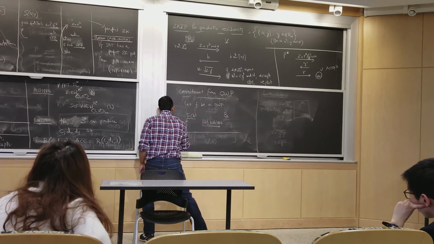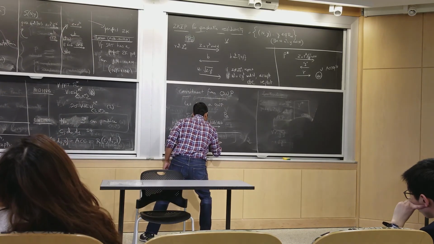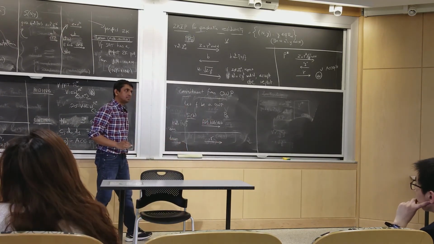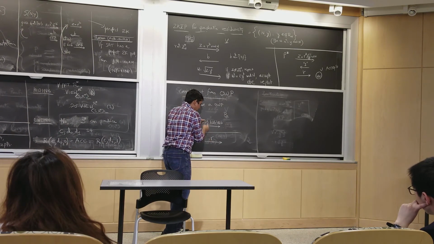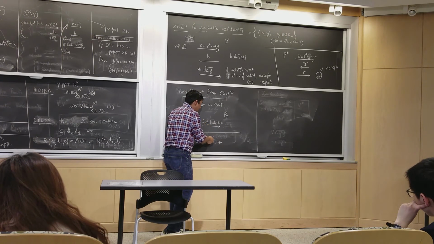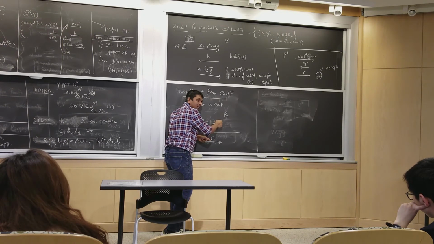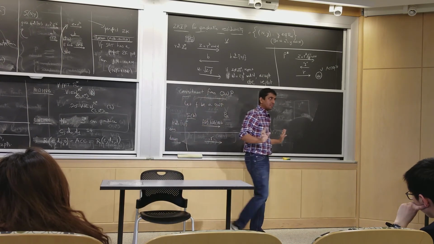This is the commitment phase. Decommitment is simply to send r. The receiver says, let me check that this is correct. If f of this equals this, then I compute the hardcore bit, the parity, take the XOR with this and get the message. That's it.